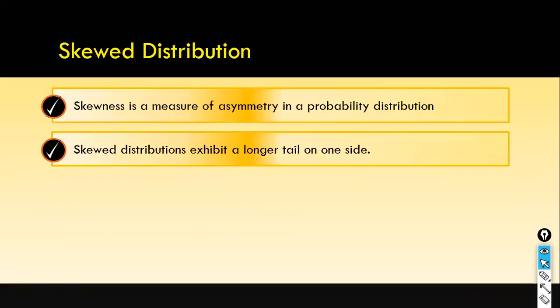Next one is skewed distribution. We discussed what a skewed distribution is. First of all, skewness is a measure of symmetry. The skewness will help us measure the level of symmetry in our distribution.